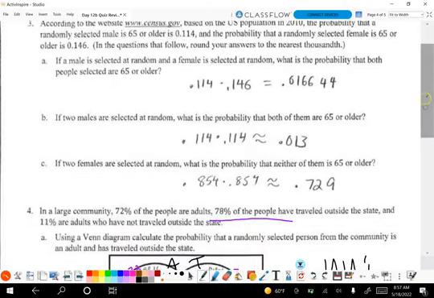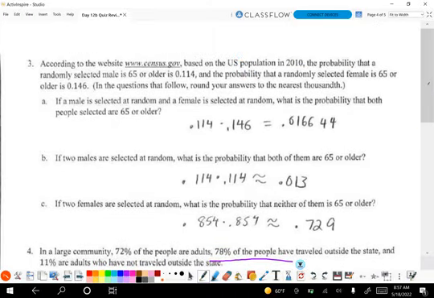For number 3, they give me a lot of different probabilities. For this one, I don't think a two-way table or a Venn diagram would help very much. I think it's just better to pay attention to what our given information is and to use our formulas accordingly.